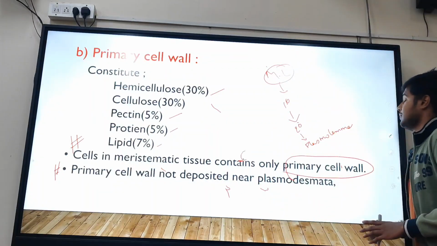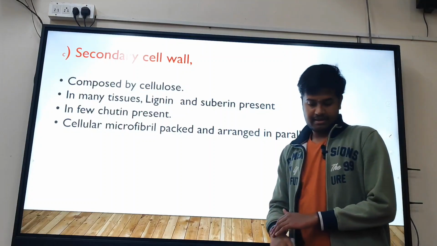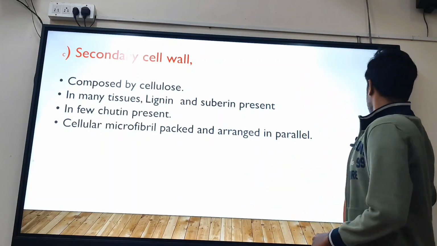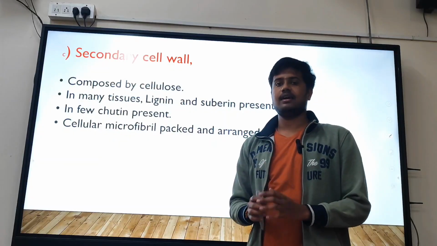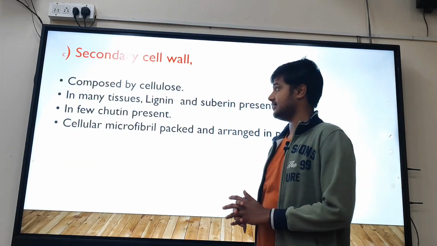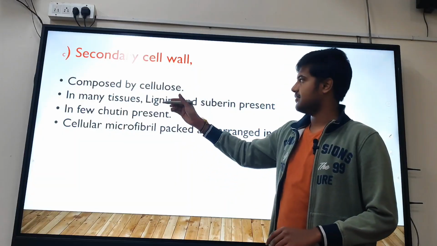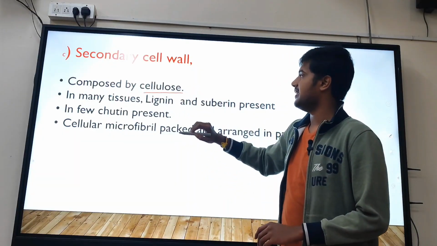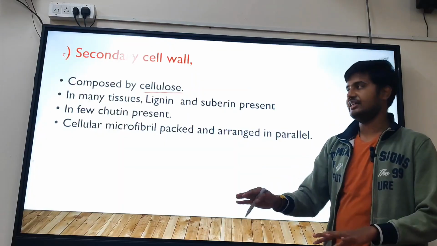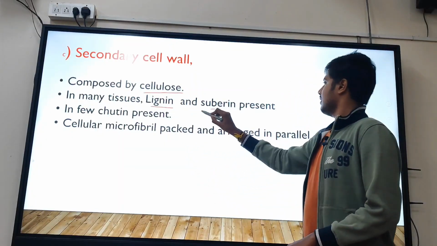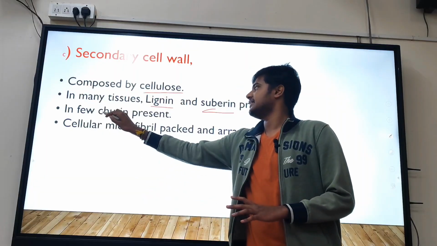Now, let's go to the next part, secondary cell wall. It is composed of cellulose. Positions in the layers are very important for examinations. In many tissues, lignin and suberin are present. In few tissues, cutin is present.